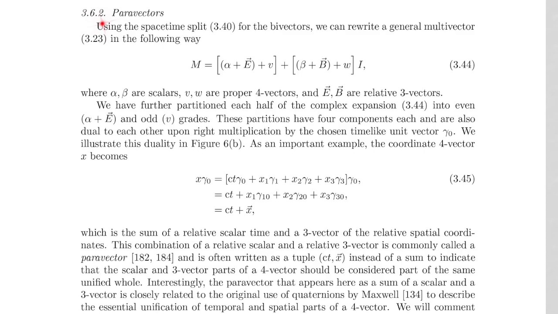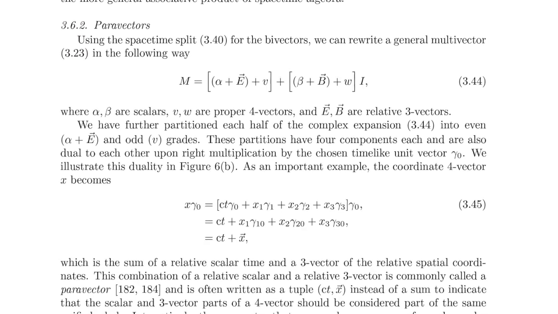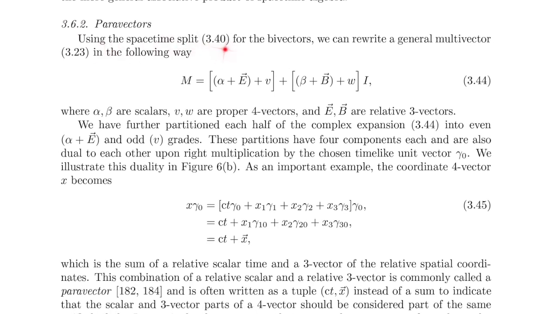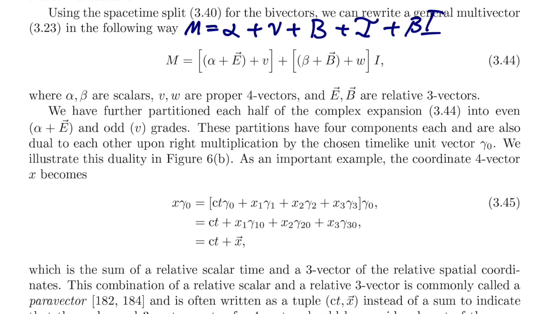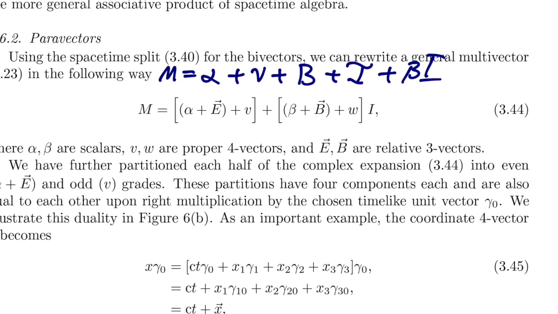And we read from the beginning of 3.62. Using the spacetime split for bivectors, we can now write a general multivector in the following way. So remember the original way of writing a general multivector, where we have the scalar, the vector, the bivector, the trivector, and the pseudoscalar part. Then the second way we learned was to take the scalar and the pseudoscalar part and marry them together.